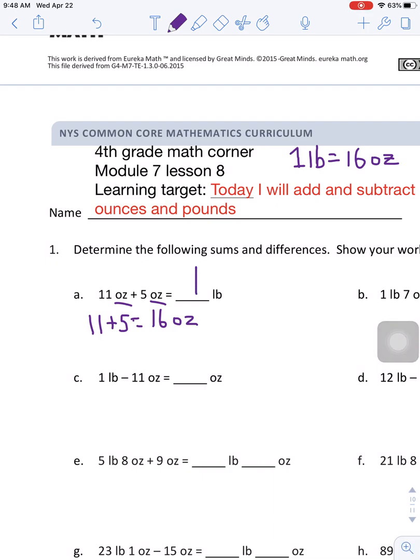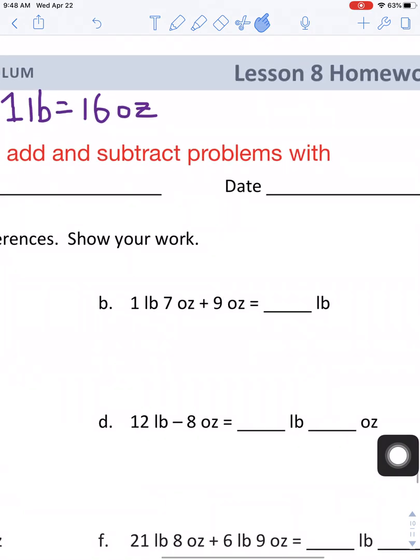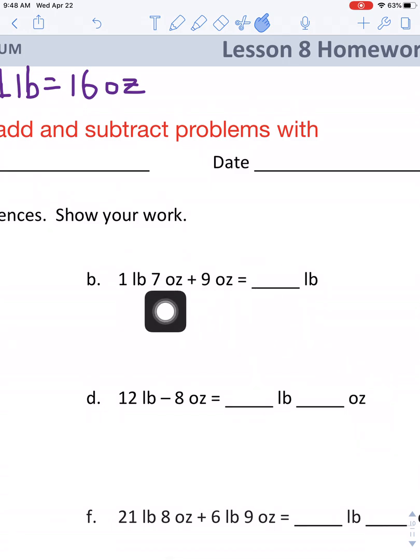Let's do a little bit more difficult one here. Over here, I've got 1 pound and 7 ounces plus 9 ounces equals blank pounds. Well, I know that I could add up my ounces together that I've got right here, my 7 and my 9, but I need to do something with this 1 pound.